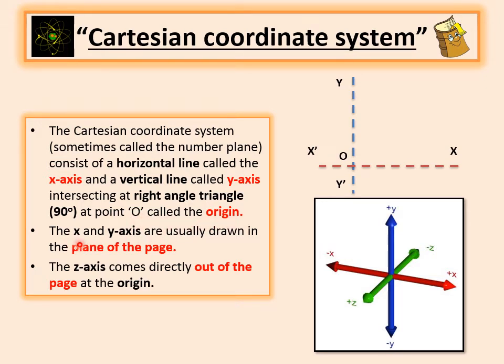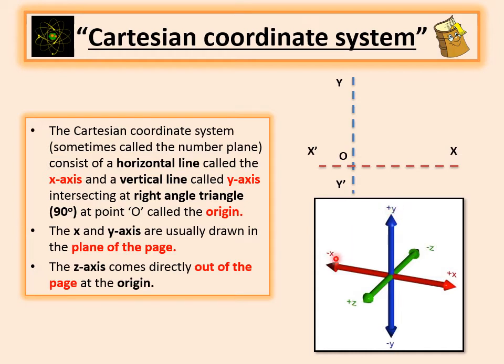Now the x and y axes are usually drawn in the plane of the page, means the x and y axes represent the two-dimensional plane, or a page or a sheet represents the x and y axes. Now the z-axis comes directly out of the page at the origin.